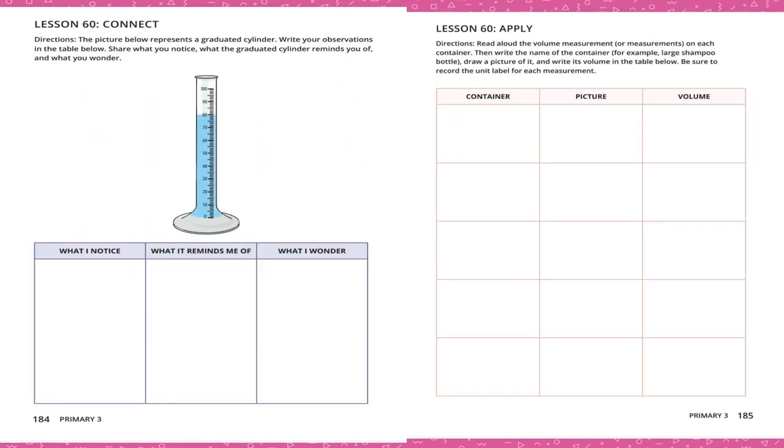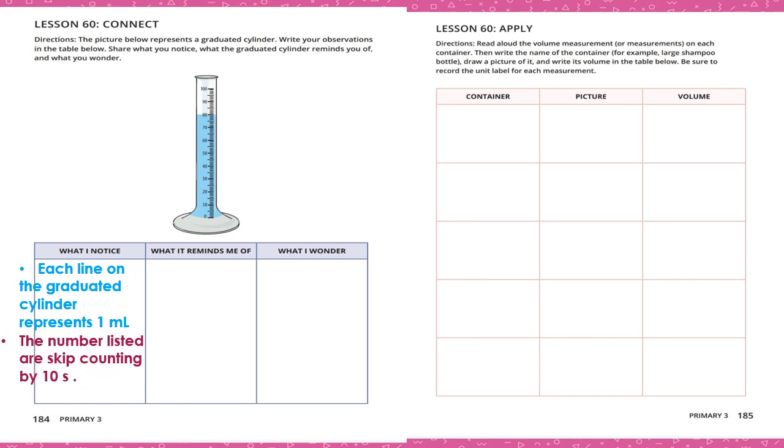Let's start lesson 60 with the connect part. Here we have a picture. It's called a graduated cylinder. Here we have a table. Let's read. What do I notice? Each line of the graduated cylinder, each dash of it, represents 1 milliliter.